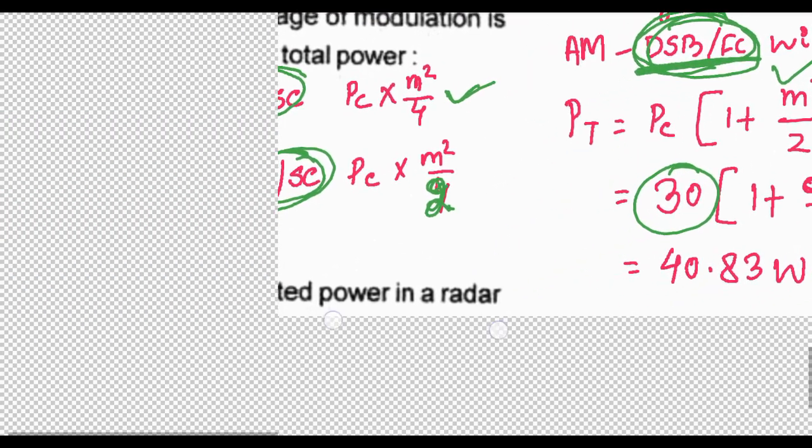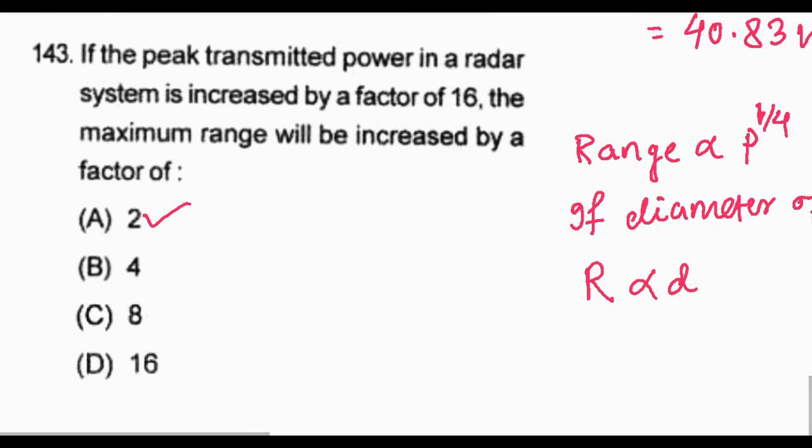The next question is, if peak transmitted power in a radar system is increased by a factor of 16, the maximum range will increase by a factor of, this answer will be 2. And how?